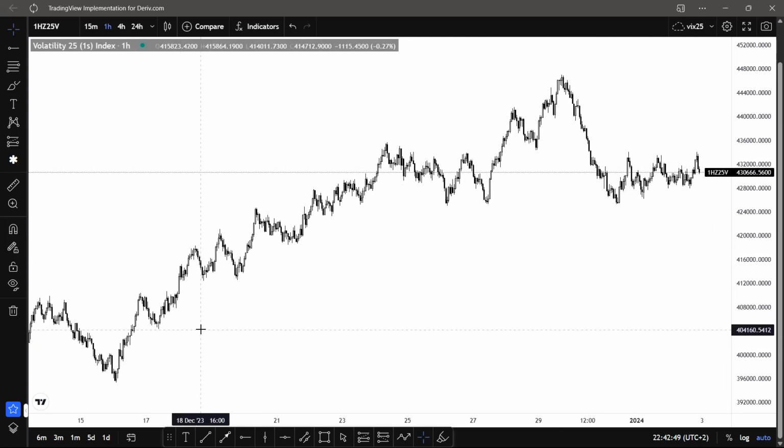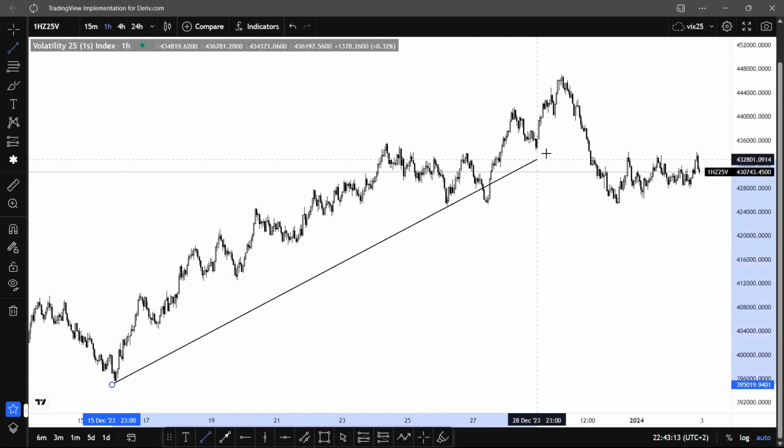From what I'm seeing right here, I have a bullish market structure, right? But then I have to analyze, I have to actually put together what I'm seeing. So the first thing that I'm going to do is identify this market structure using my technicals. My technicals are going to be trend lines.